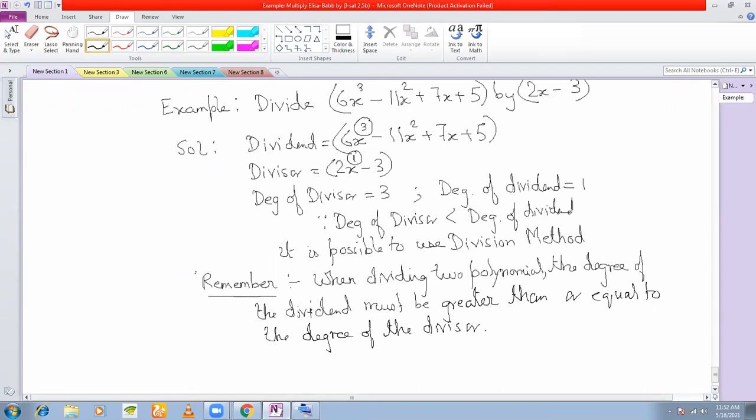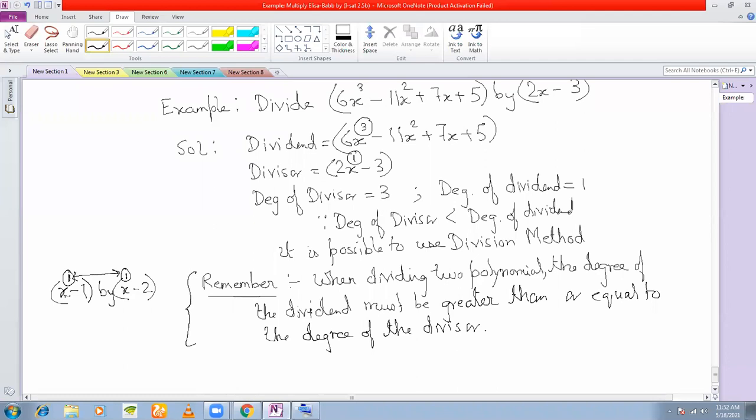So now in order to illustrate this, let us say if I want to divide x minus 1 by x minus 2, is it possible to divide? Yes, it is possible, because you see that the power of x here is 1 and the power of x here is 1, which are equal, right?